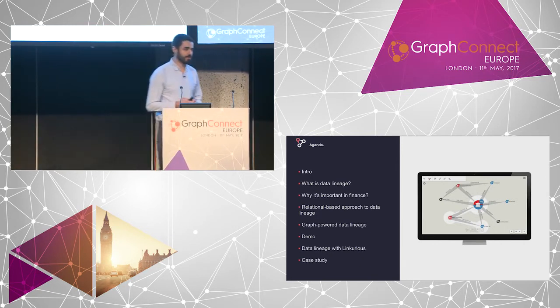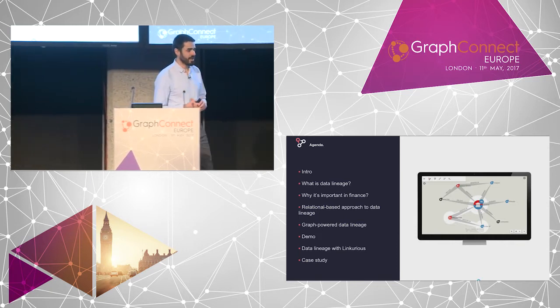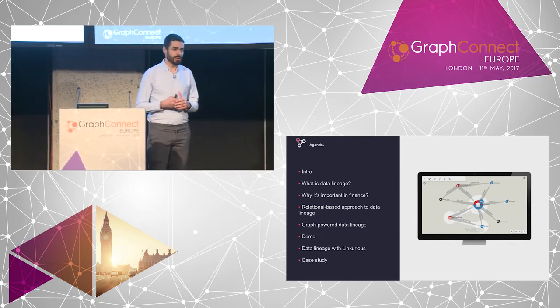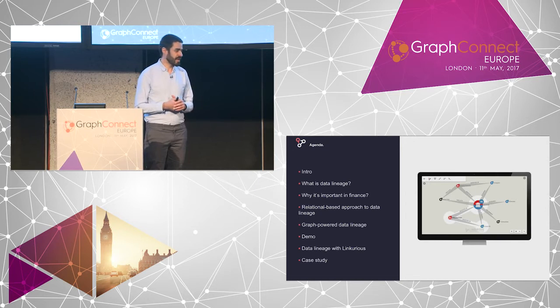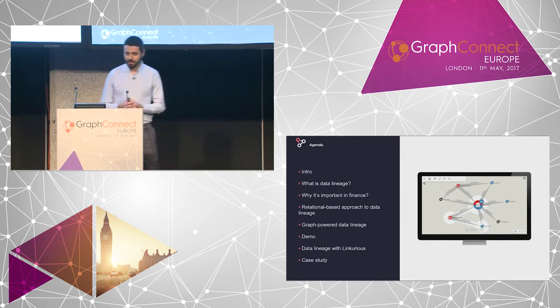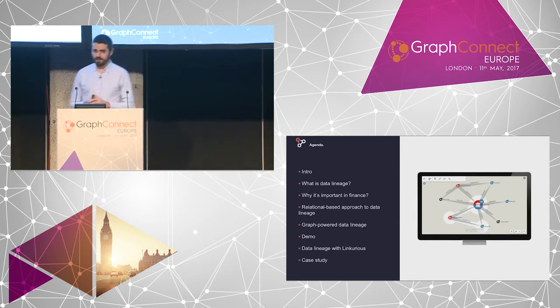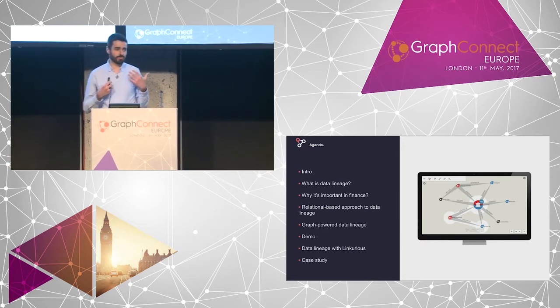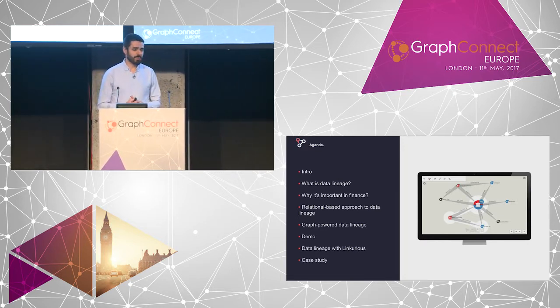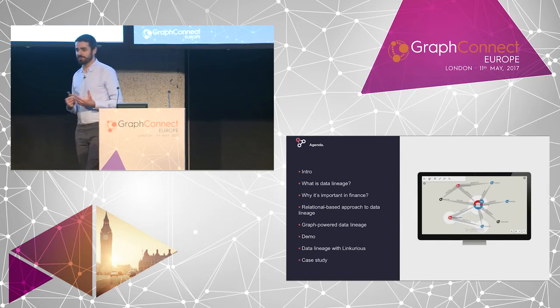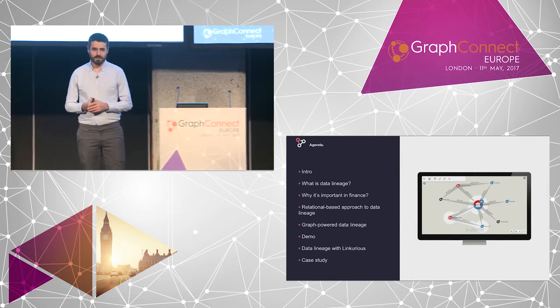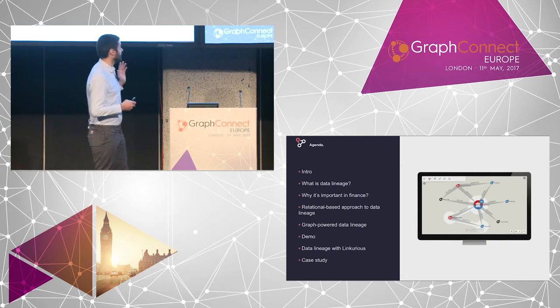After that, I will give you a demo based on Neo4j and Linkurious on how to accomplish some data lineage investigations. And I will also discuss how to use Linkurious to accomplish that. And finally, share with you a case study from a concrete customer. So this is today's agenda.